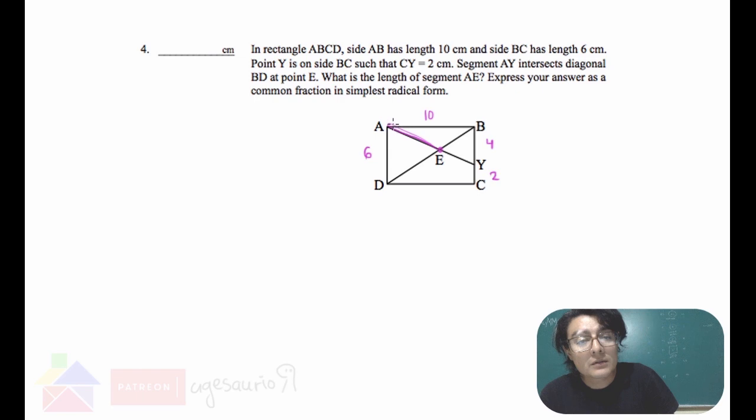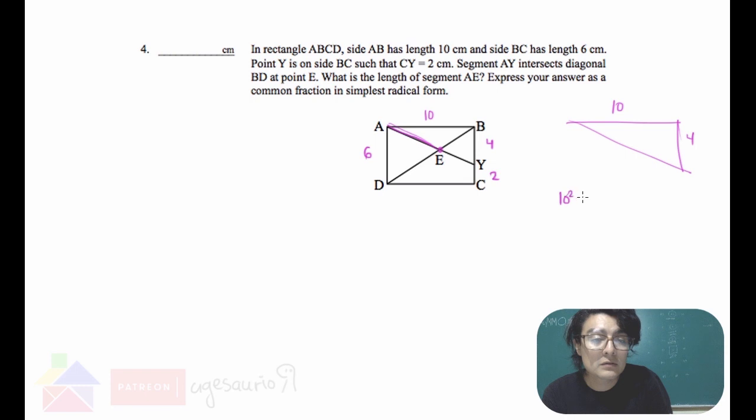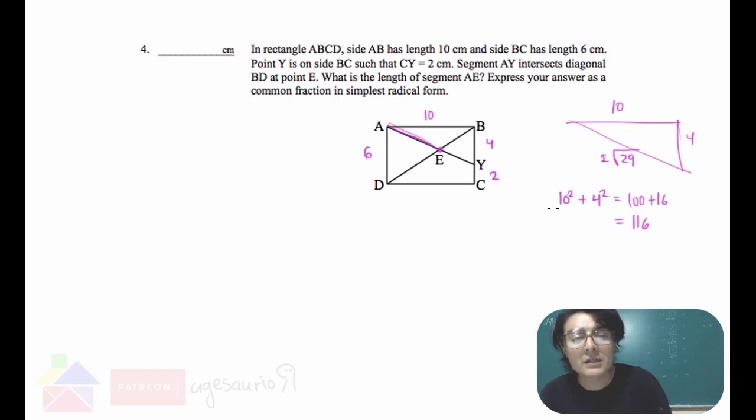So we want to know this length, so it's really useful if right away we figure out we have to do some Pythagorean theorem right here. So it's 10 squared plus 4 squared, this is 100 plus 16, 116. So this is square root of 116, which is 2 times square root of 29, right?